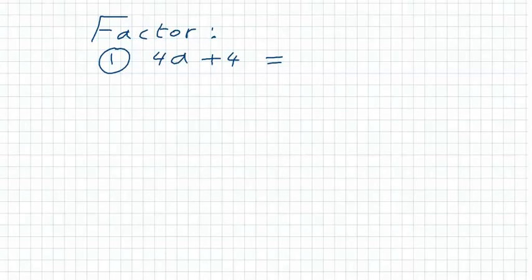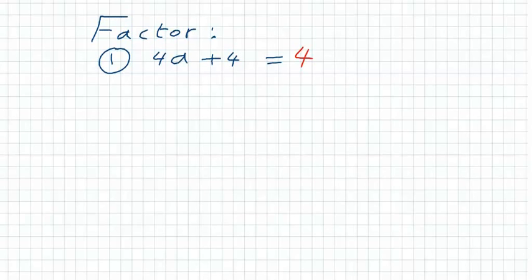Look at every term, try to take the greatest common factor from them first. So here we have two terms. We see that 4 is a common factor between them. a is not a common factor.